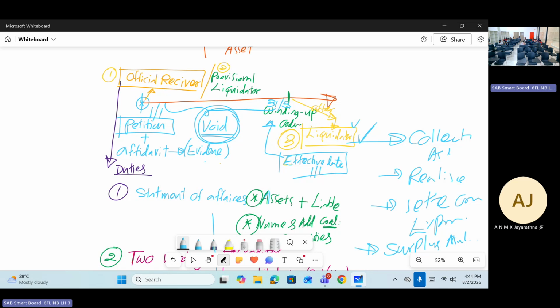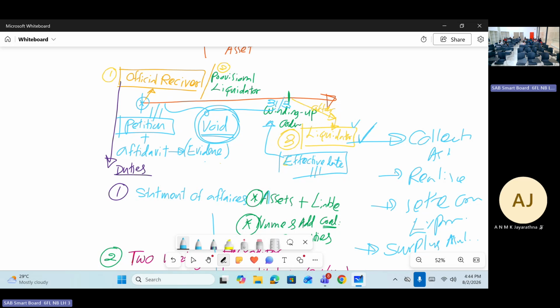Therefore, in order to secure the payback to the creditors, an independent party is appointed to monitor the affairs of the company until the winding up order is given, and thereafter the liquidator takes that position. He will conduct the winding up proceedings. So that is the reason.